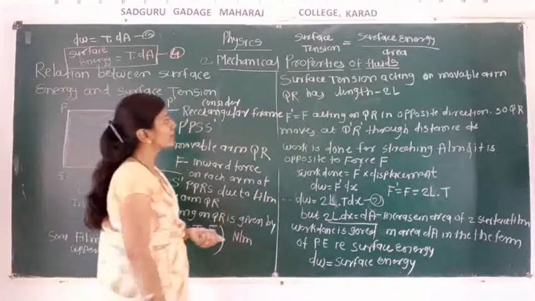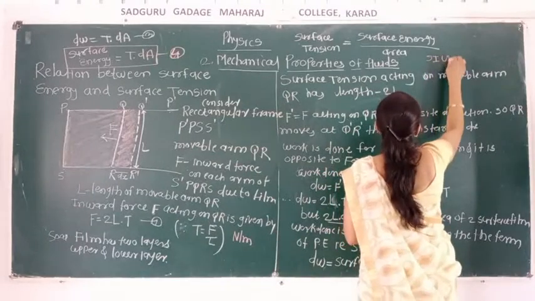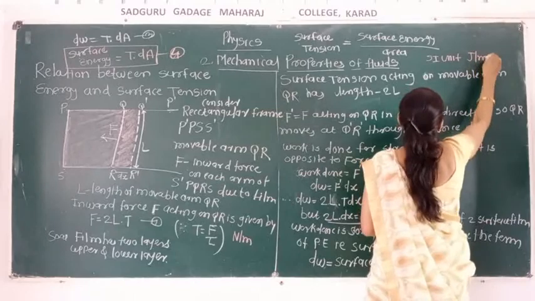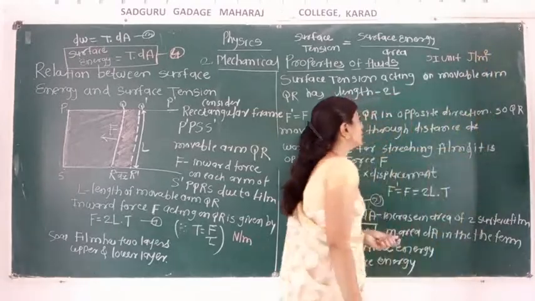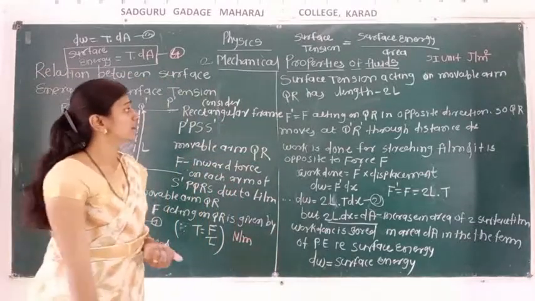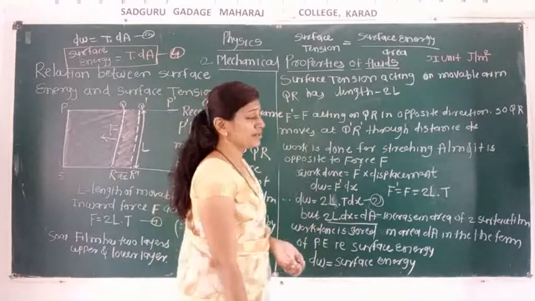So here we will get another SI unit for the surface tension. The SI unit is joule per meter square. So here they will ask the question: prove that the equivalent SI unit for surface tension is joule per meter square.